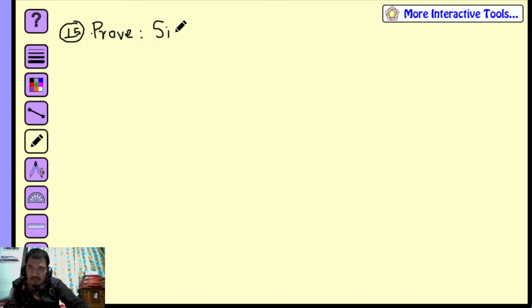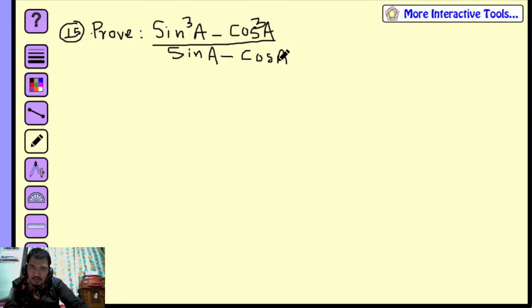Here is given (sine cube A minus cos cube A) divided by (sine A minus cos A), and it was asked to prove that it equals 1 plus 1 by 2 sine 2a.